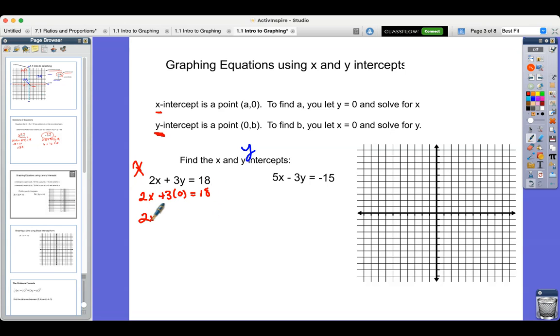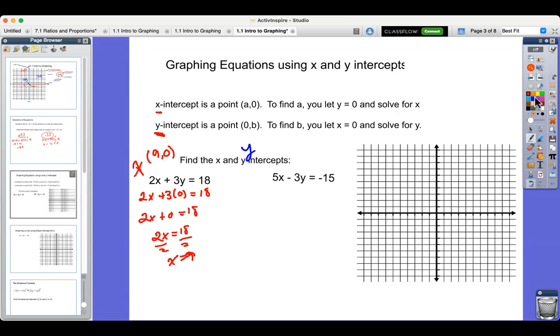So we get 2x plus 0 equals 18, so just 2x equals 18. We divide by 2. What do we get? x equals 9. So the x-intercept is (9, 0) because the value of y was 0.